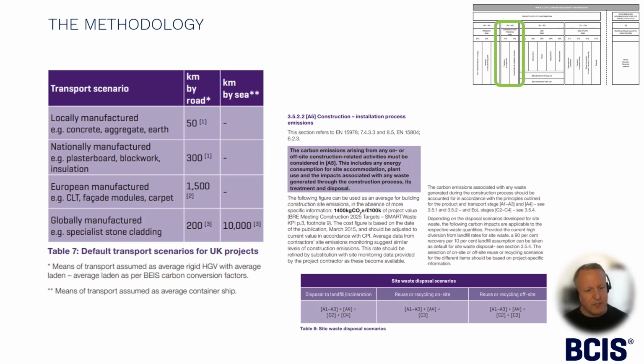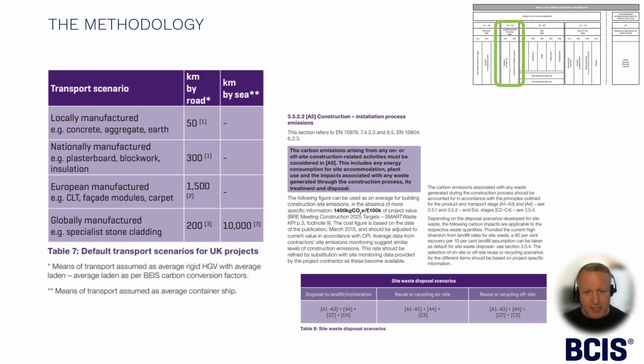And obviously you should be taking into account the packaging associated with it as well, which isn't necessarily that easy to draw out of these default values. But yeah, there's defaults there in the absence of having more detailed information.